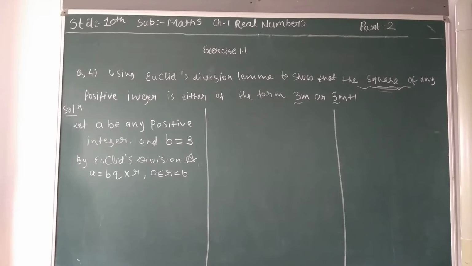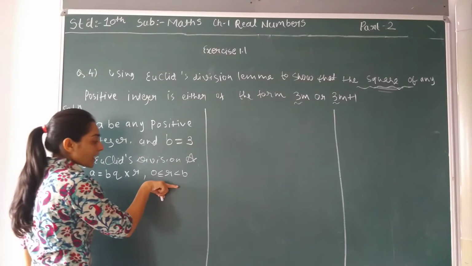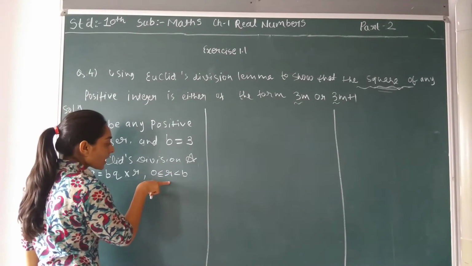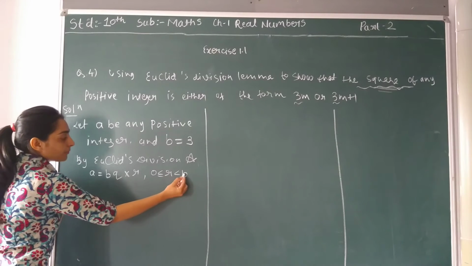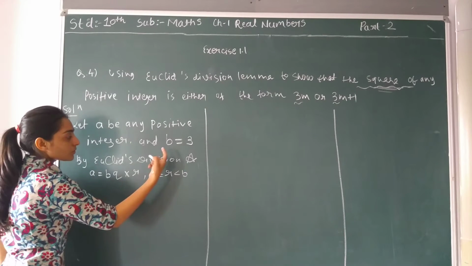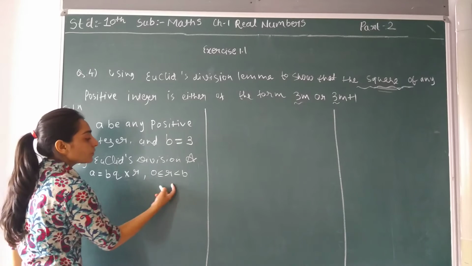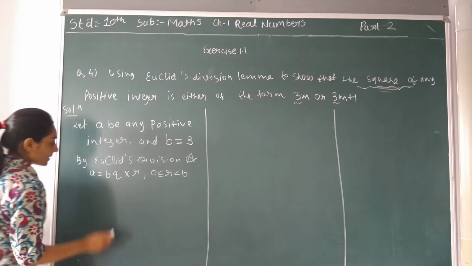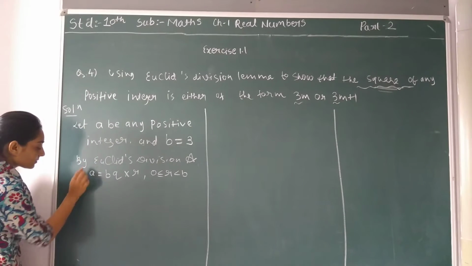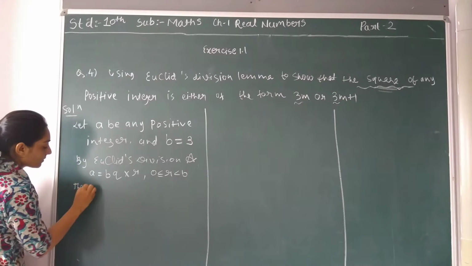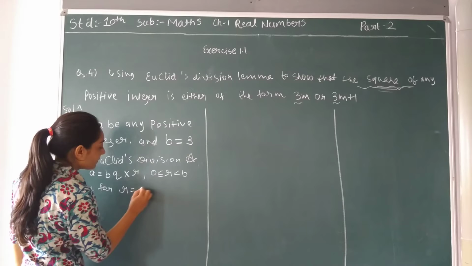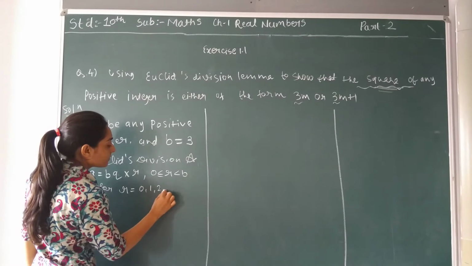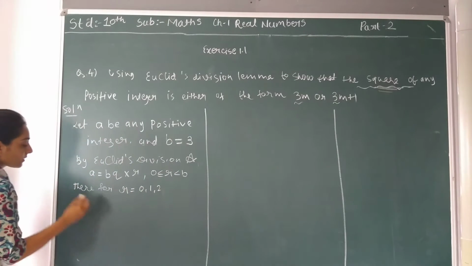So what are the possibilities for r? Here, if you put b as 3, the possibilities for r are 0, 1 and 2 only.